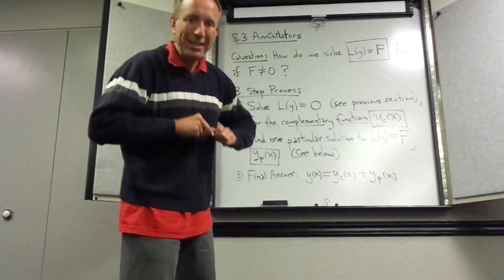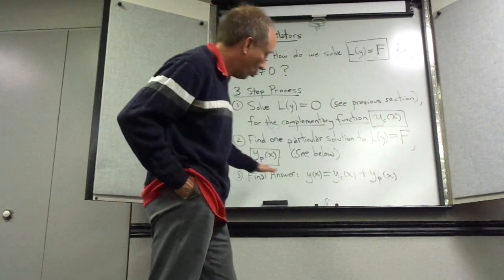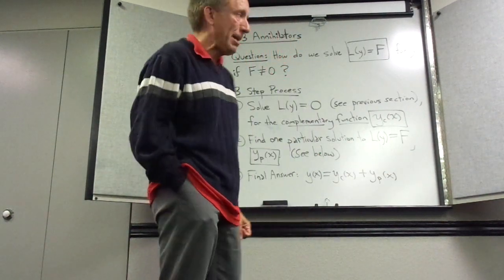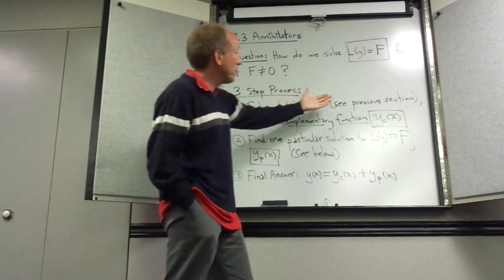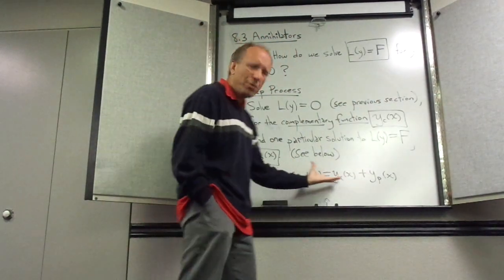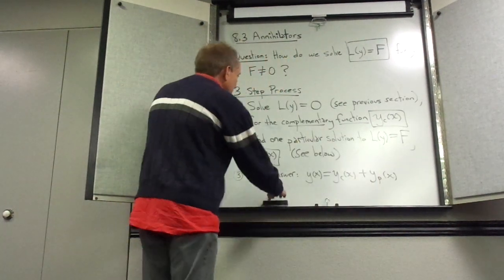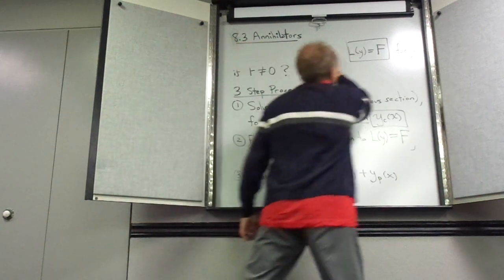You just have to basically add them together and put that down as the answer. There's no real work that goes into step 3. Okay? So we already know how to do step 1. That's from the previous section, the complementary function. Step 3 looks pretty easy. It's really just step 2 that I need to talk about in a little more detail. So let's talk about step 2.